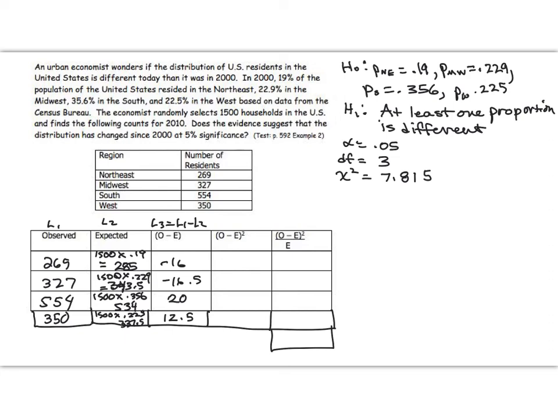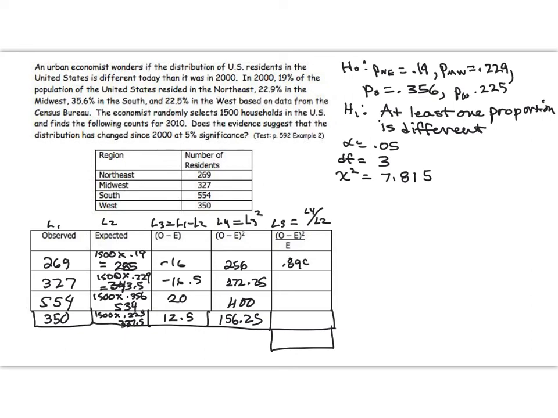All right, and when I square all of those numbers, that would be in list 4, and that's list 3 squared. And then I get 256, 272.25, 400, and 156.25. And then finally, list 5, go up, highlight list 5, hit enter. It'll flash the equal sign, and that's list 4 divided by list 2.